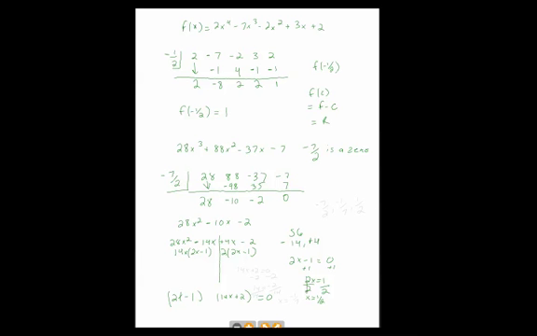Now for the other one, you're going to say 14x plus 2 equals 0. Subtract the 2 from both sides. You're going to have 14x equals negative 2, divided by 14. x equals negative 1 over 7. And based off this, your three answers are negative 7 over 2, negative 1 over 7, and 1/2. You're done.